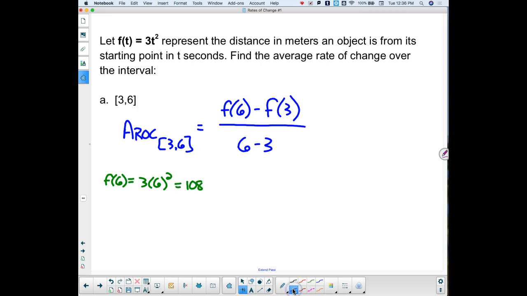Yep. F of 3 is going to be 3 times 3 squared, which is 27.